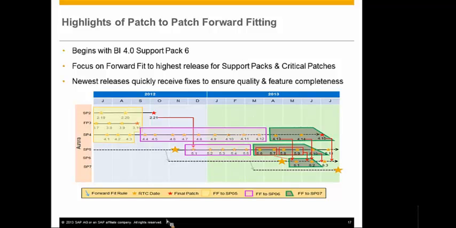One caveat to this is that if the release dates for the two releases are too close together, there may be a chance that some of the fixes are not available in the immediate next release, but we will normally catch that on the next release cycle. So make use of the forward fit plan, like I mentioned before, to understand exactly which patches or which fixes are included in a specific support pack or a patch that you're looking to install on your system.